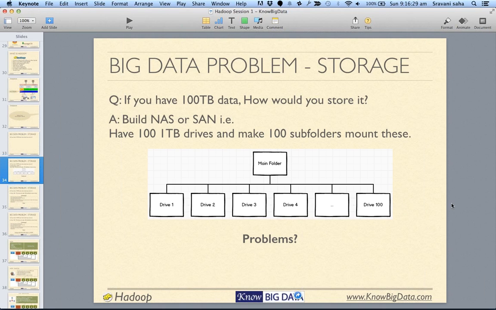Shyam's question is access speed and no indexing. Very good, Shyam. So no indexes, as in there is no index right now to find out which movie is stored on which hard drive. Maybe we have built a plan saying all the movies starting with A go to drive 1, all the movies starting with B go to drive 2, and all the movies starting with C go to drive 3.